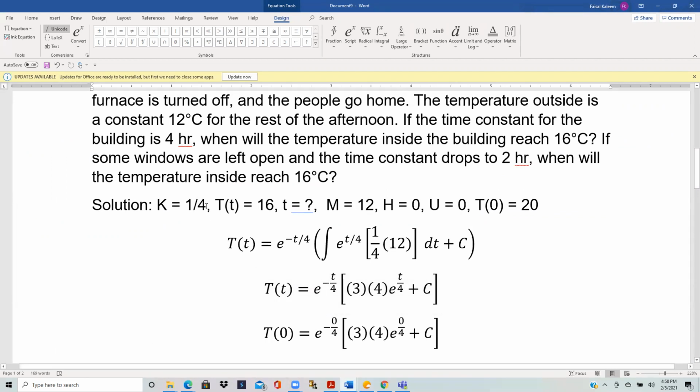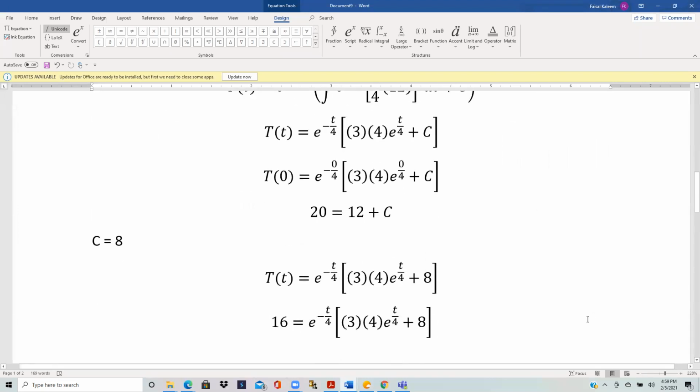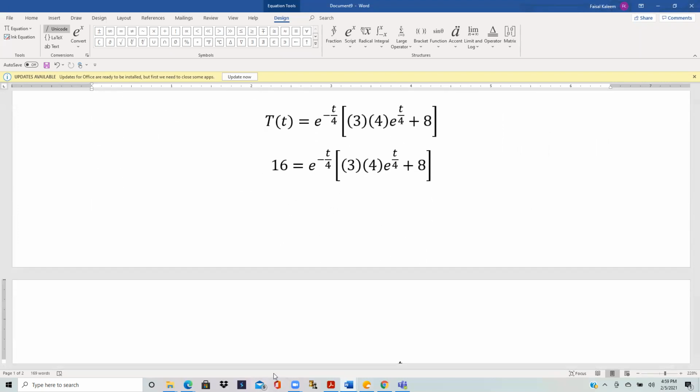Instead of k being 1 over 4, it was 1 over 4 when the time constant was 4 hours. And now when the time constant is 2 hours, the k will be 1 over 2. And that will change this one to negative t by 2, this one to t by 2, and here it will be 1 by 2. And then you see what happens. Just repeat everything. Okay.